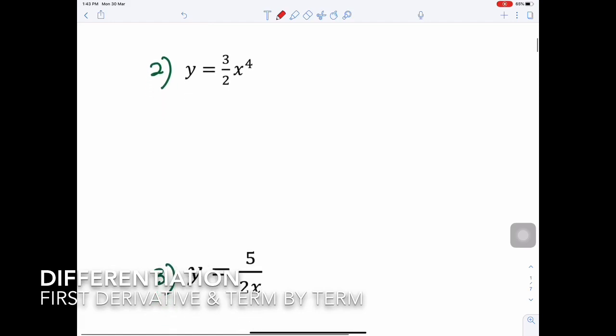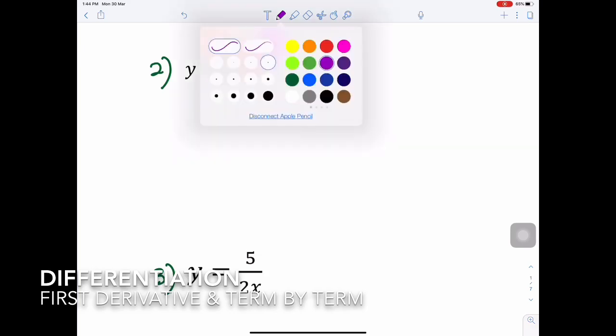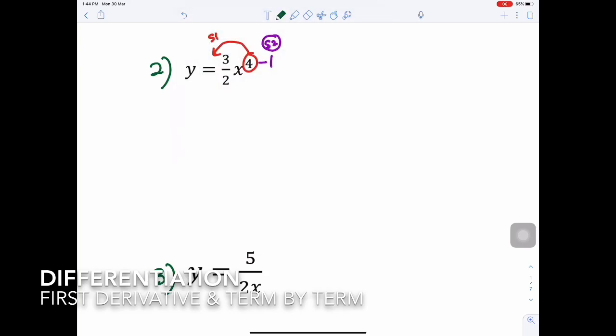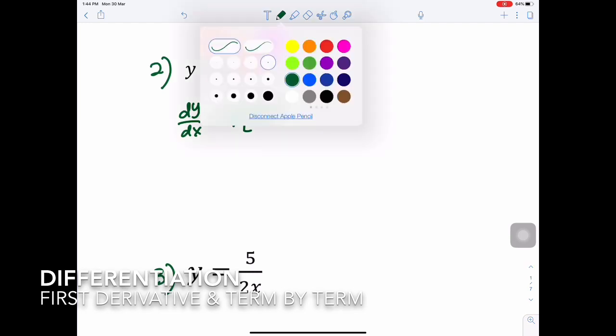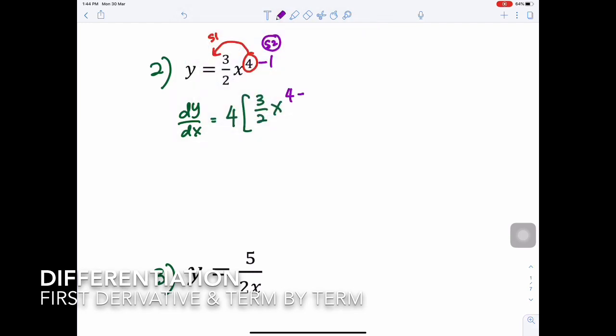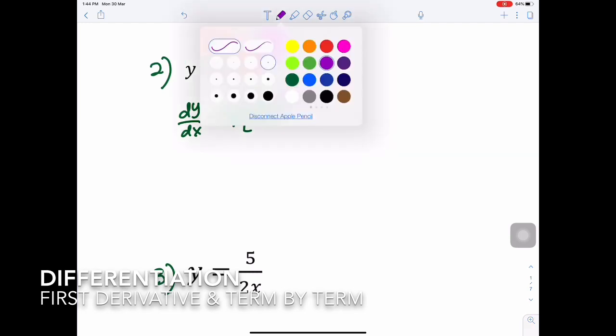Example 2. As usual, bring forward for step 1, and then minus 1 for step 2. So dy/dx, differentiating y with respect to x, equals 4 times 3 over 2, and x remains, and then the power of 4 is reduced by 1, so minus 1.